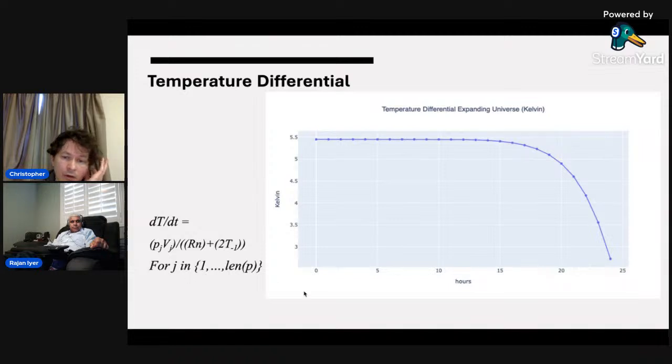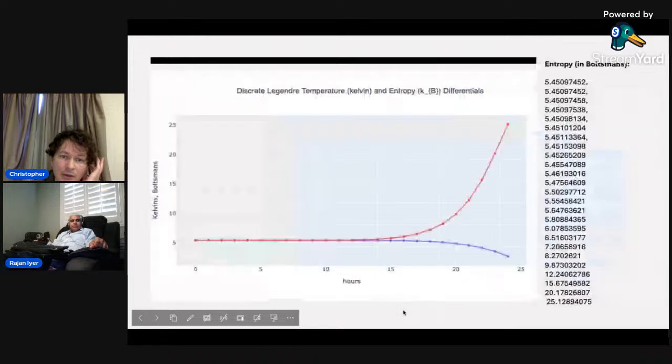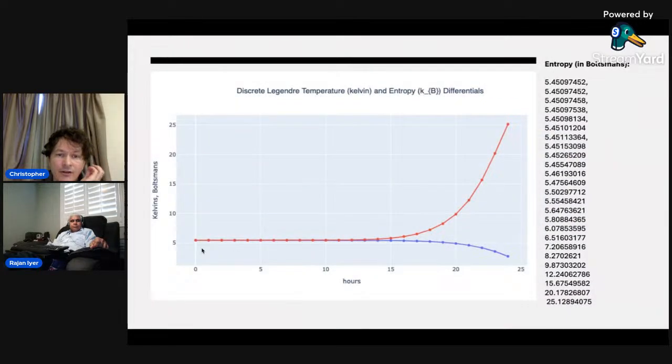Right. So that's how we get that, and then we can take the discrete Legendre transform of the temperature differential to get the entropy. So this looks like the entropy in Boltzmanns doesn't change as much as you'd expect, although it changes just as much as you'd expect in a universe that didn't have a singularity.